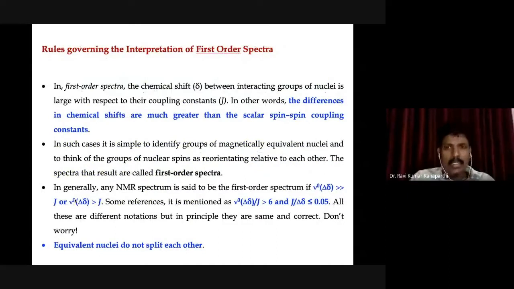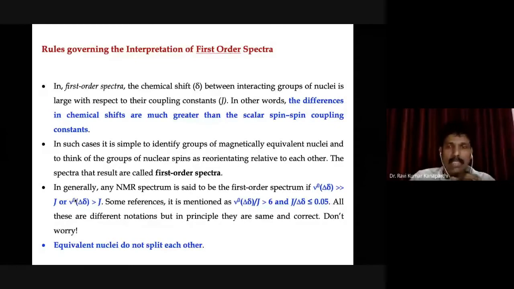Then let us go to the second topic for today's lecture, that is the different orders of spectra. When do you call an NMR spectrum a first order spectrum? I call a spectrum a first order NMR spectrum when that particular spectrum follows certain rules or criteria. Some of the major rules are listed in this transparency. You can just see that.